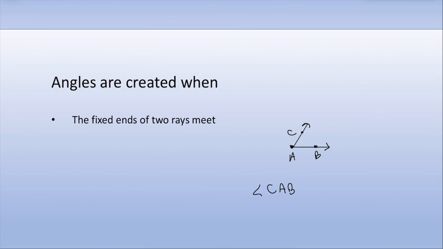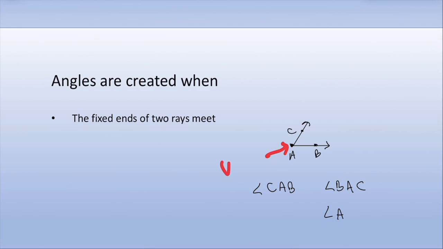So you can call that angle CAB, where you would go from here and there. You can also call it angle BAC, or you can just call it angle A based upon that endpoint where the two rays meet, and they call that a vertex. So there's three different names that you can name that, CAB, BAC, or angle A, if that's the only angle that is attached to that value.